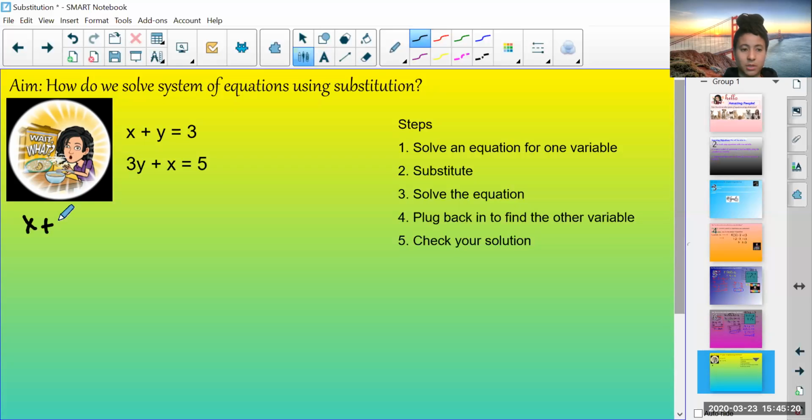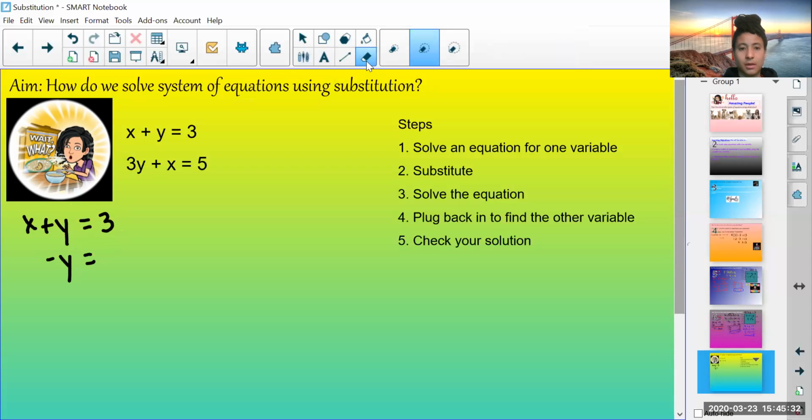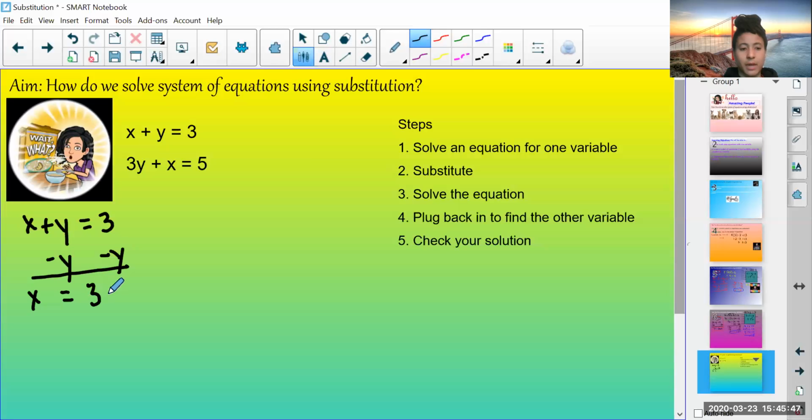So if I do x plus y equal to 3, I want to get x by itself, so I have to minus y in this case. So we're left with x is equal to 3 minus y.